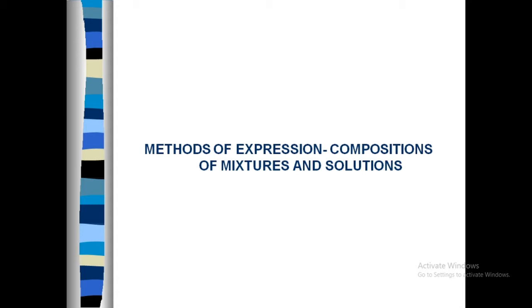The same methods are used for a system containing more than two components. Suppose we have capital A, B and capital C, or capital D or capital E, the same methods are used for more than two components.